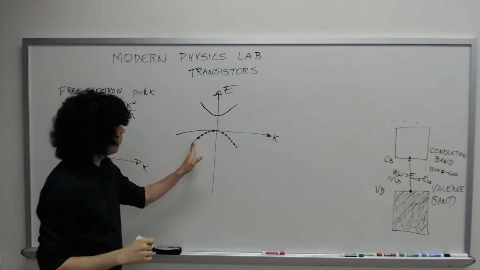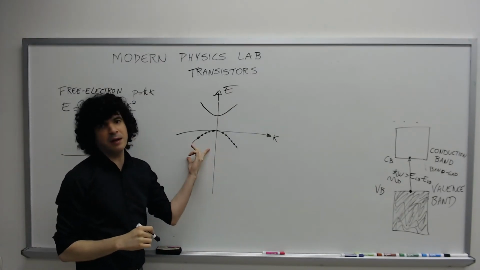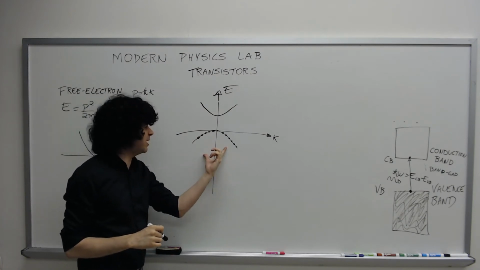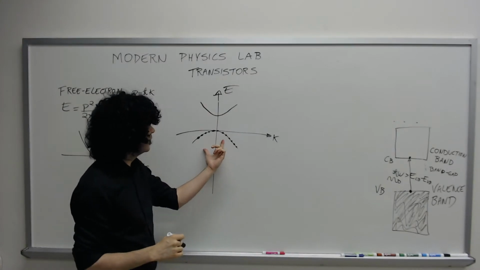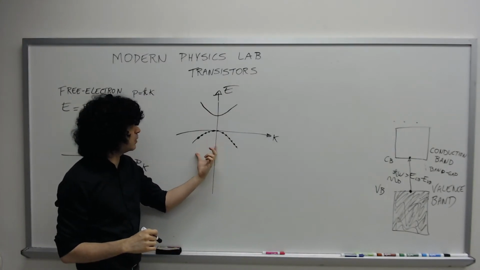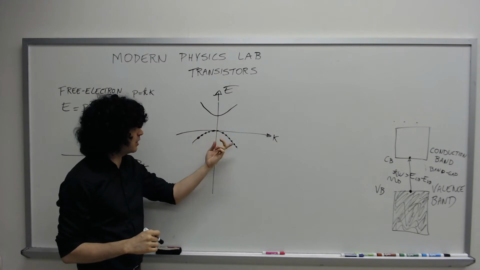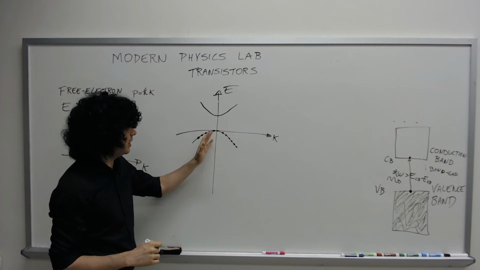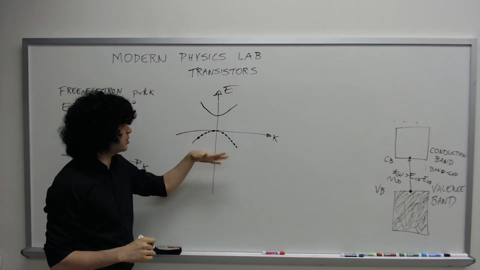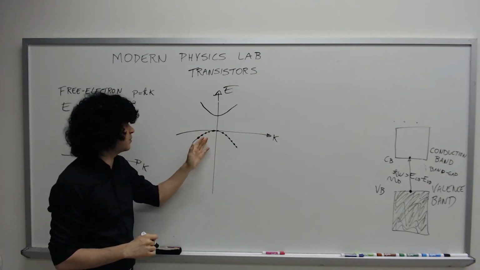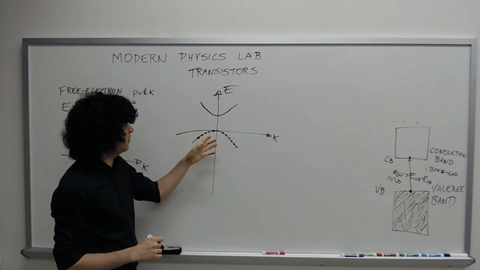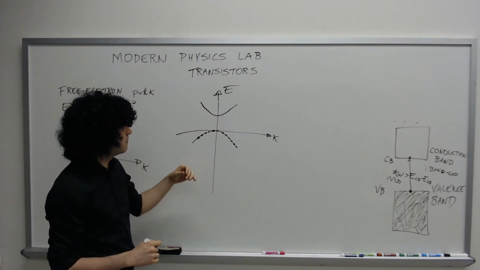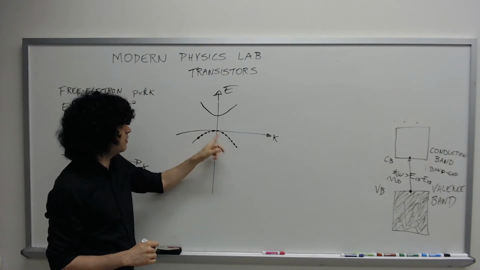Each electron occupies only one energy state according to the Pauli exclusion principle, because these are fermions, so you can occupy only one state. In this case you cannot even conduct electricity, because you cannot change the momentum of the electrons if you apply an electric field, since electrons cannot occupy all the levels. So you cannot move them around.